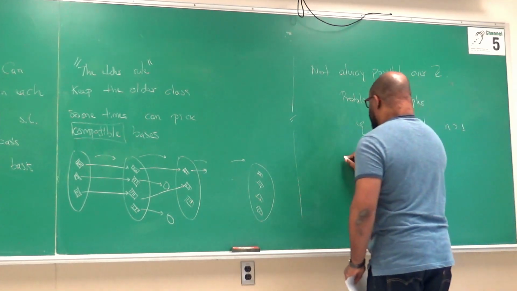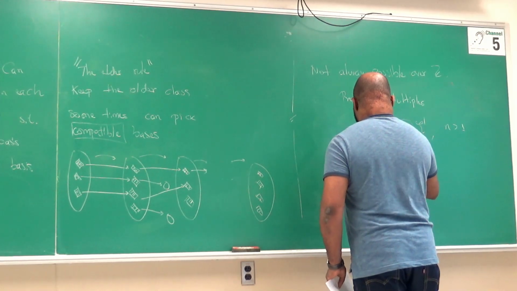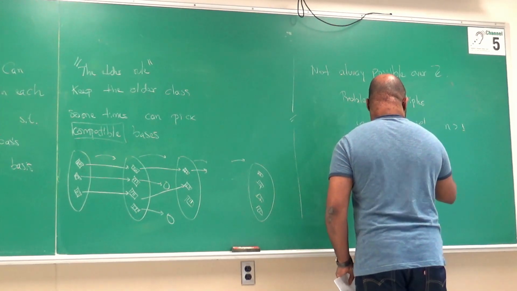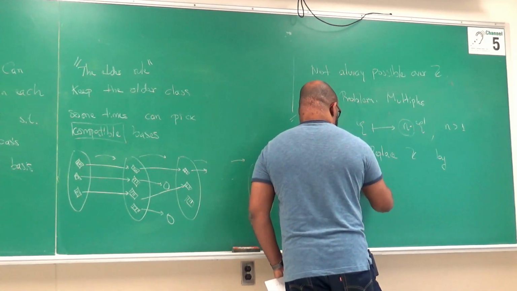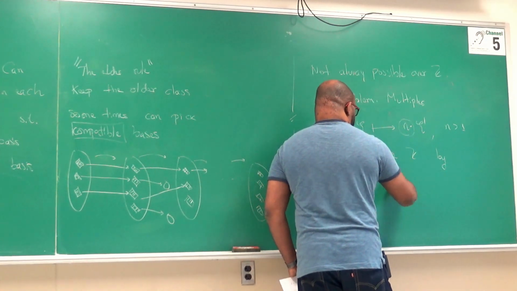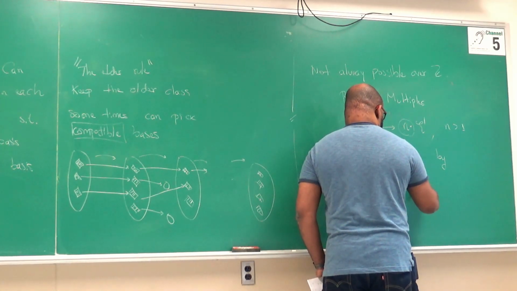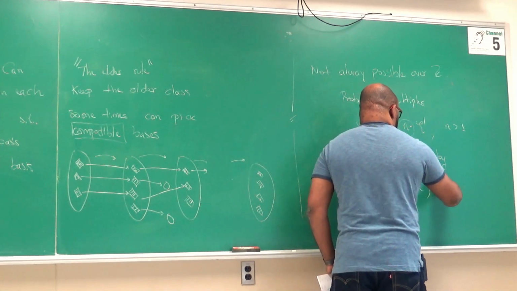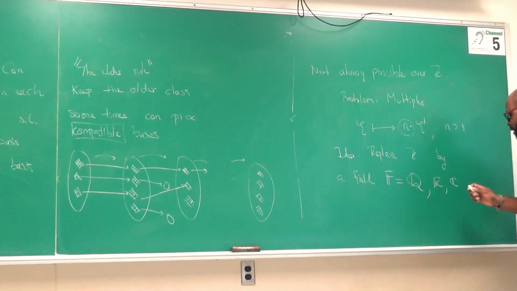So the idea is to replace Z by a field F, perhaps like the rationals, the reals, maybe the complex numbers, or even the integers modulo a prime p.